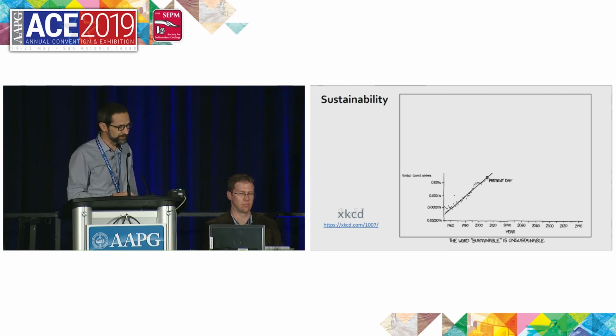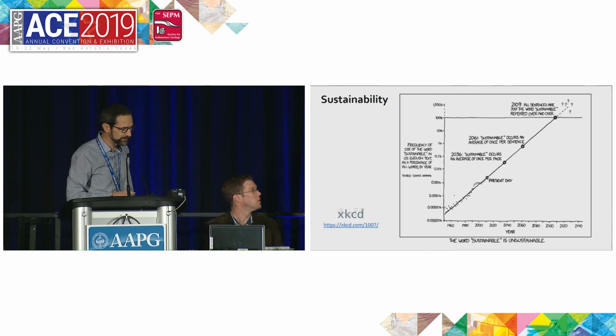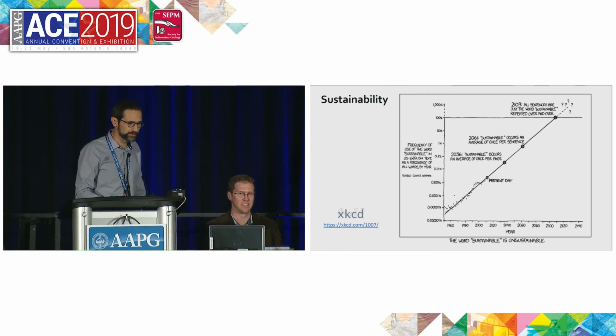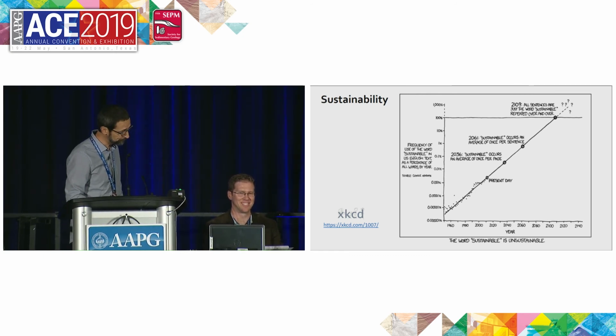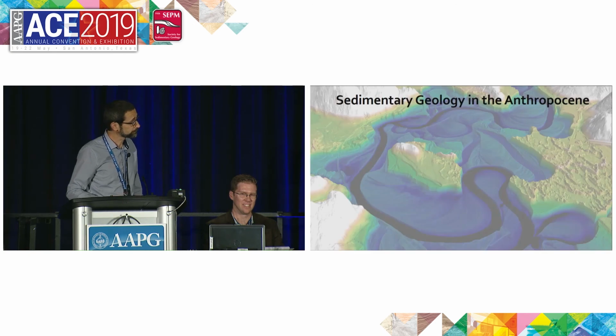And there is a present day data point, and he extrapolated this into the future and said that 90 years from now, all sentences are just the word sustainable repeated over and over again. And I find that very funny, but there's a good and very serious reason for the word sustainable being used more and more.